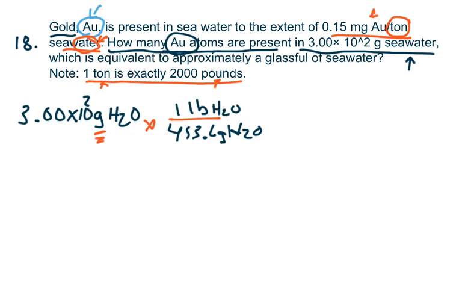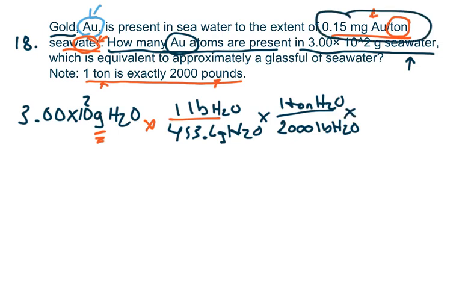There are 2,000 pounds of water in 1 ton of water. And then now we can use our conversion factor here. In 1 ton of water, there are 0.15 milligrams of gold.